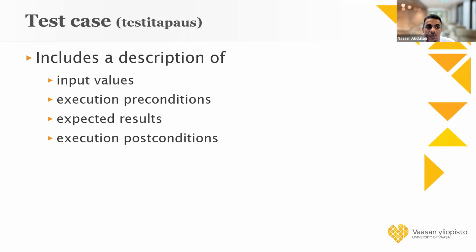Test cases are the description of these points, for example the input value and then the preconditions. The most important are the description of the input value and the result.